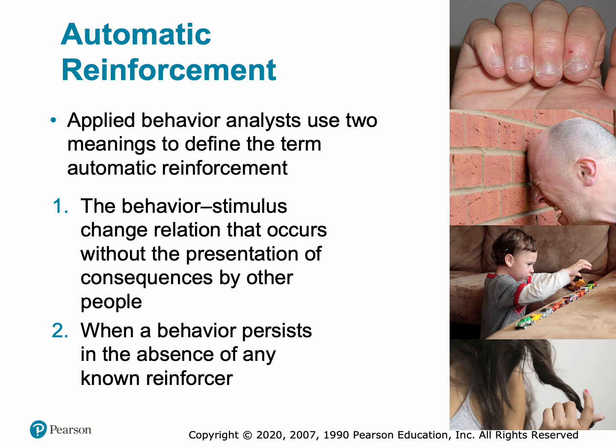But this is not to say that all behavior with no apparent reinforcer is automatically maintained. There can be behaviors that are socially mediated, but where it's difficult to identify the specific reinforcer maintaining it.